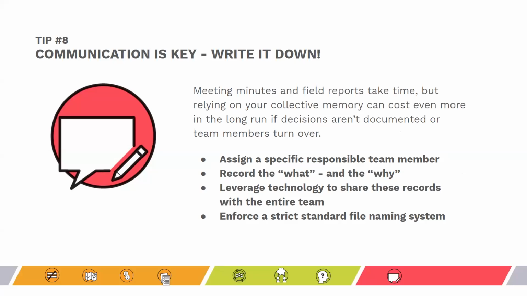And along those lines, it might be helpful to enforce a strict standard file naming system, something that includes the date in the file name, because the date modified can get thrown off if you send or download files. This might seem like a really small detail, but it can actually make a really big difference when you're trying to find things quickly, as you're on a call or out on site and you're trying to reference information. So this will help make sure that your files are easily searchable and archived.